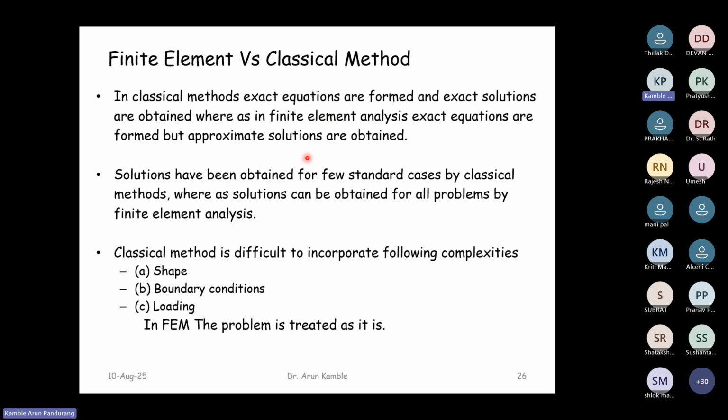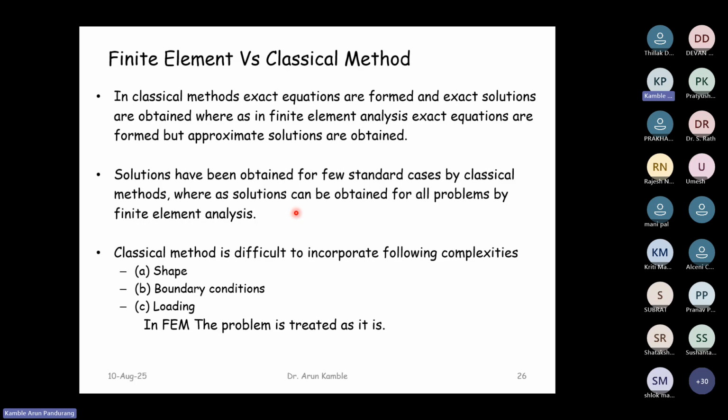But in the finite element analysis, we form approximate equations and get approximate solutions because of the meshing, meaning we use elements and nodes. Solutions have been obtained by classical methods for a few standard cases, for example the cantilever beam or bar problem, for which the analytical solution is also available, and for that case the finite element method can get the exact solutions.